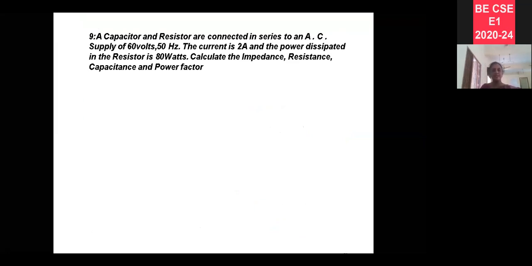Now proceed fast. I'll give you 5 minutes. First, write down the given data. First, draw the circuit. Check whether it is an RC circuit or an RL circuit. Then proceed. I've given you all the formulas now. You have all the formulas in your hand, so think and apply which formula. And then work out.